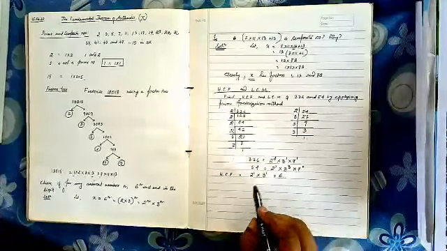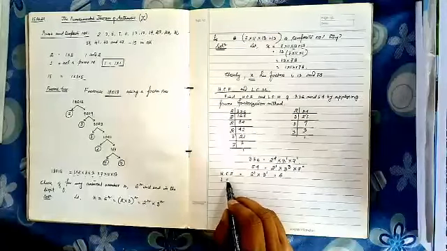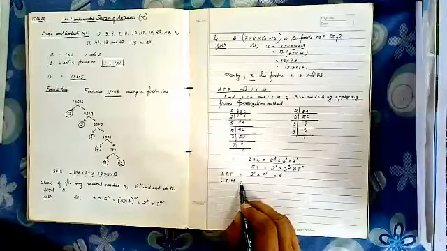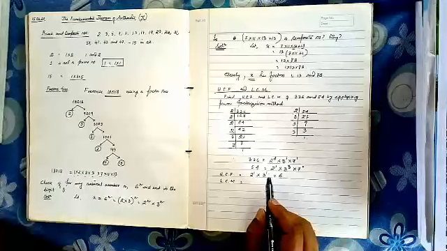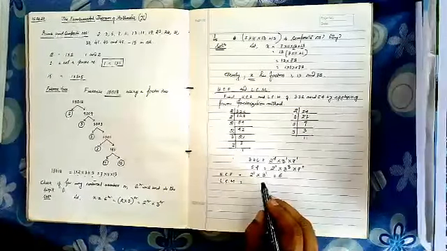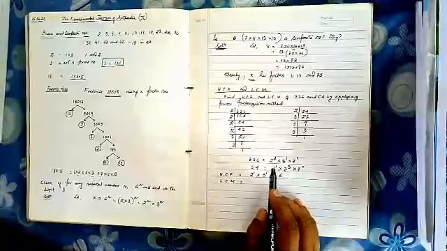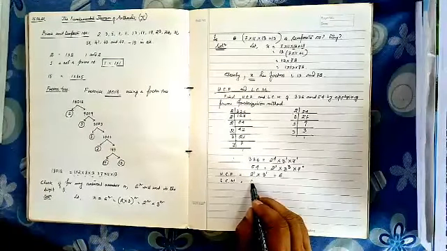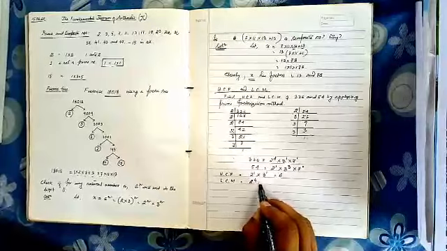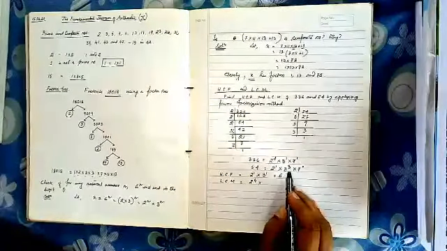And LCM. For LCM, remember, you need to take the highest power of the factors. 2 to the power 1, 2 to the power 4. If we compare, highest power is 2 to the power 4. So 2 to the power 4 into 3 to the power 1, 3 to the power 3.